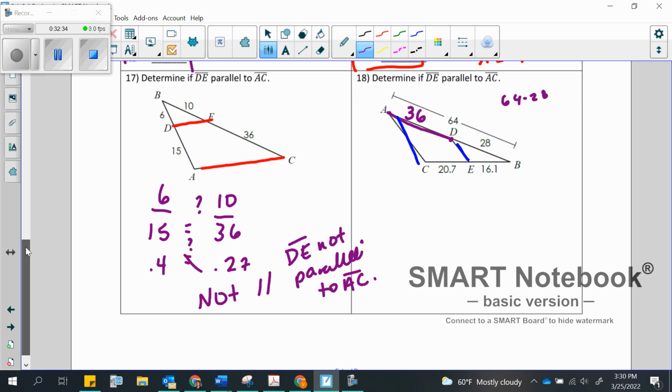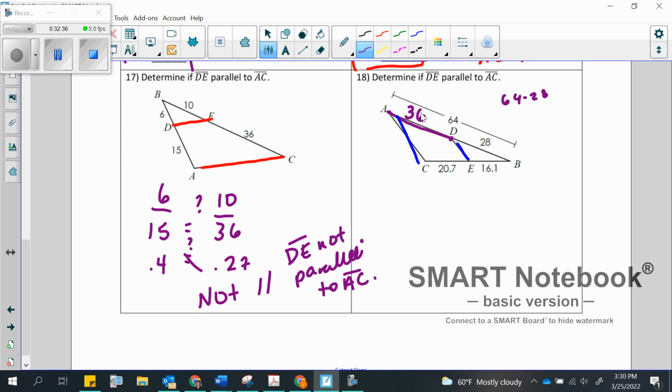So now, what we can say is, however you want to do this one, if you want to go part over whole equals part over whole, or you want to do 36 over 28 equals 20.7 over 16.1, doesn't matter, that's the way I'm going to do it. So 36 over 28, we want to know, is that equal to 20.7, in this case I'll go left to right, over 16.1.